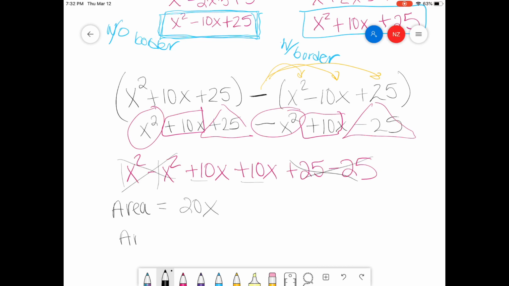If I know that x equals 10, I can plug in 10 to 20, 10 for x, and then figure out what 20 times 10 is. 20 times 10, if I multiply, is 200. So I have an area of the border is 200, and I believe we were working in feet. Okay, so feet squared would be the final answer to my problem.